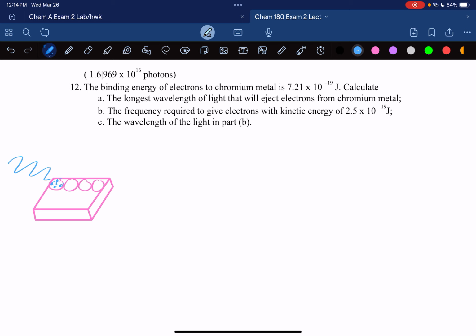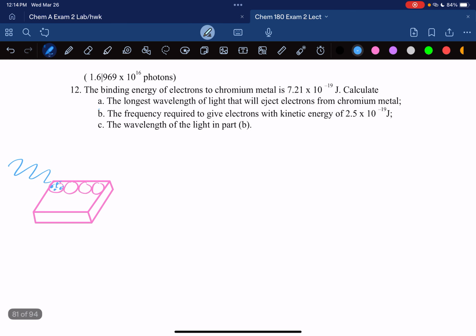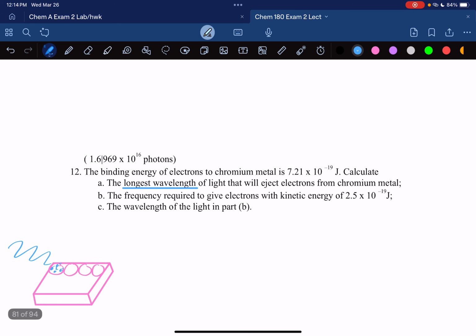Okay, when they say longest wavelength, that will correspond to lambda, the longest length. Lambda corresponds to the minimum energy. Longest means the smallest minimum energy. Is that clear, everyone? You have to know those terms. Longest wavelength means lowest in energy. What's the lowest energy you will need to eject?